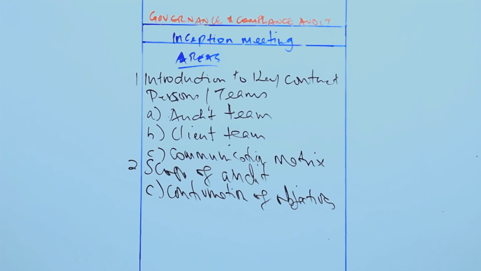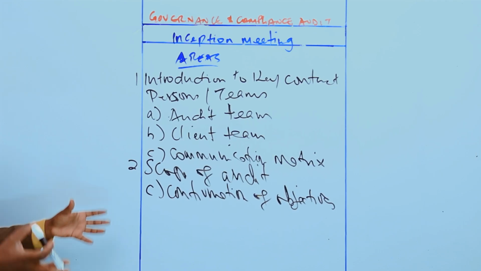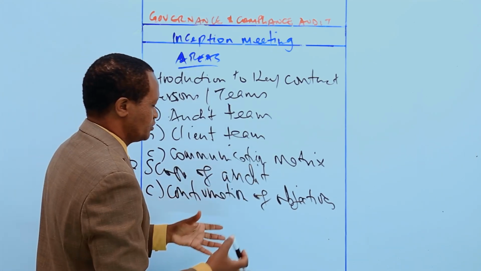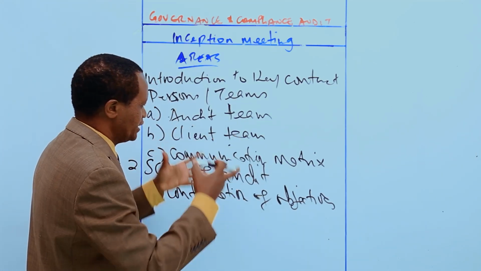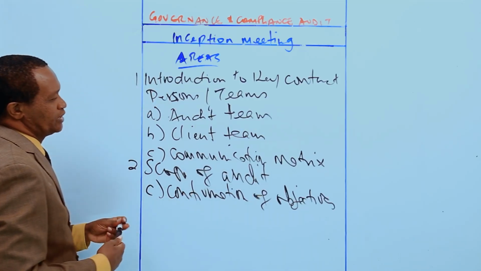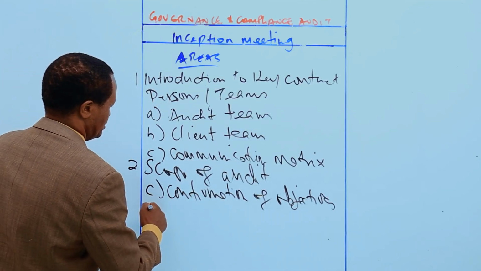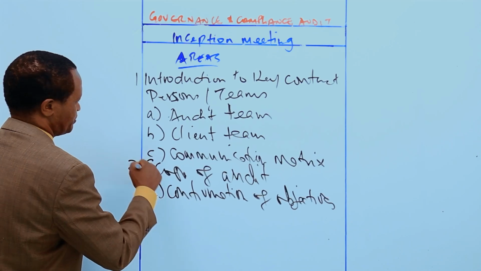For example, assessing adherence to data protection laws, evaluating the effectiveness of the anti-money laundering programs. That's an objective. Okay? Reviewing board oversight effectiveness, and so on. In that meeting, the objectives are confirmed. What is the purpose of the governance and compliance audit? You understand? So that's the first part of the scope.